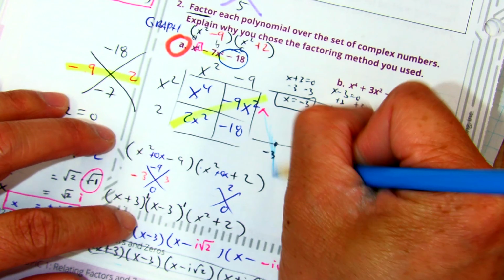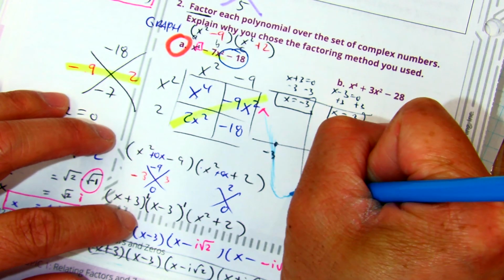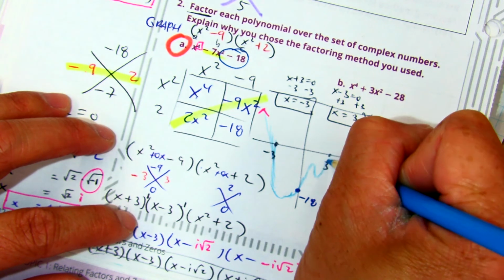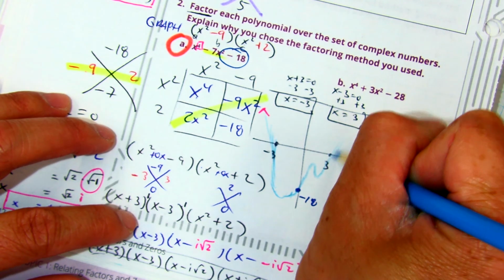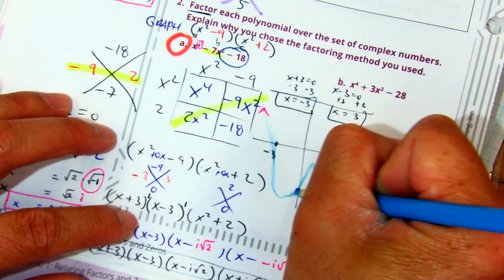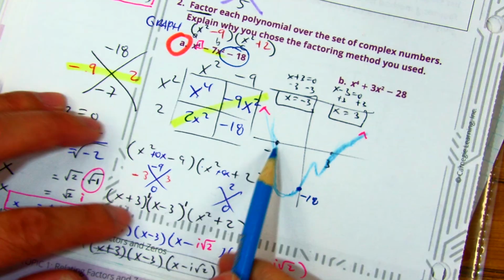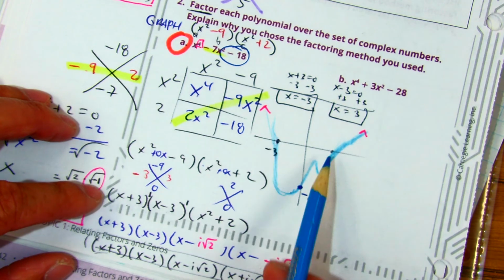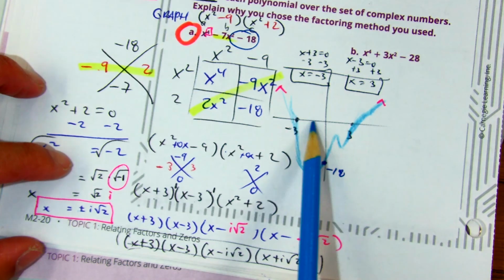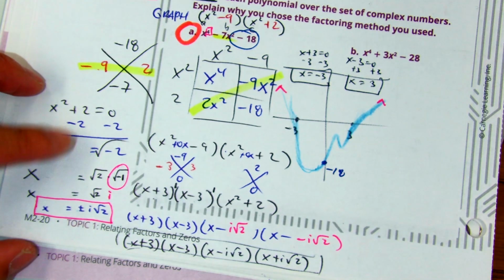I don't know. My roller coaster. And you'll notice that these are the reals, and then the complex, the i's. You'll notice it doesn't go through the x-axis there. So that was question 2A.